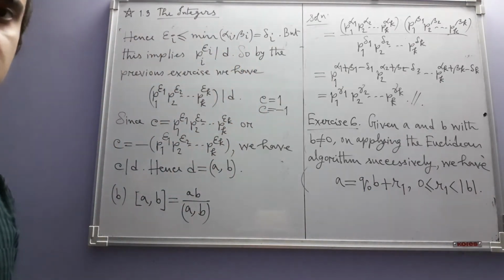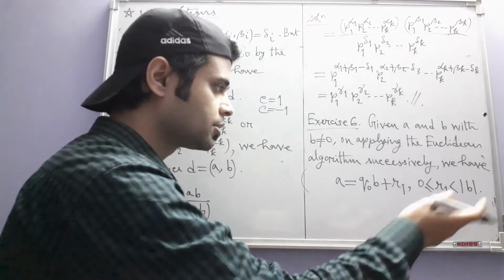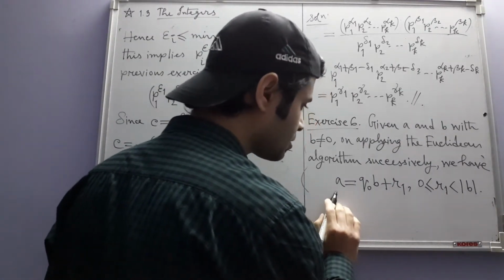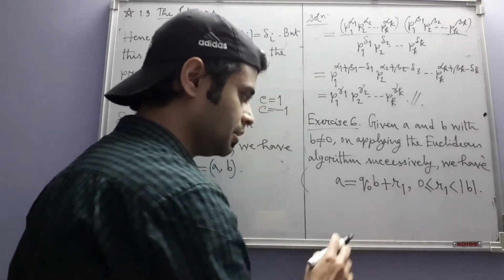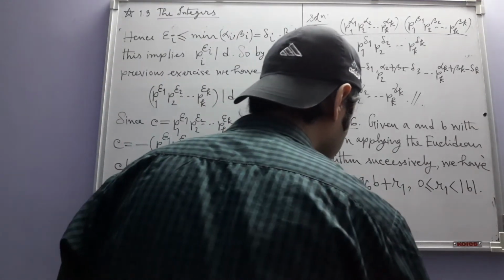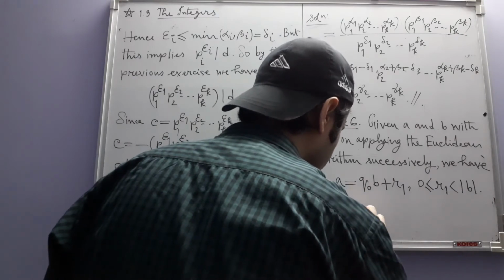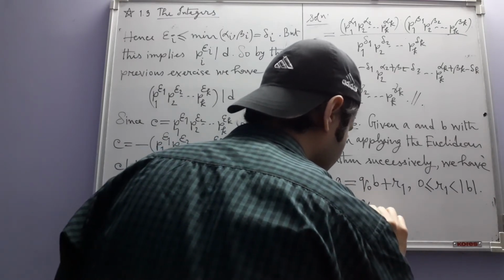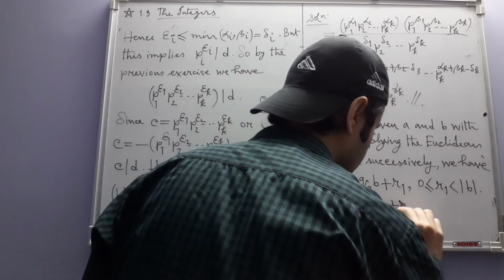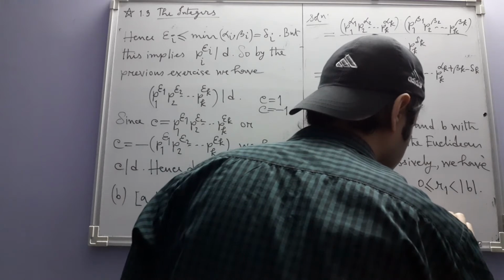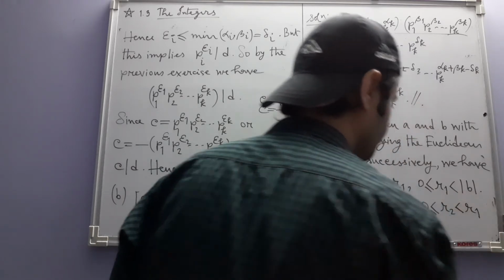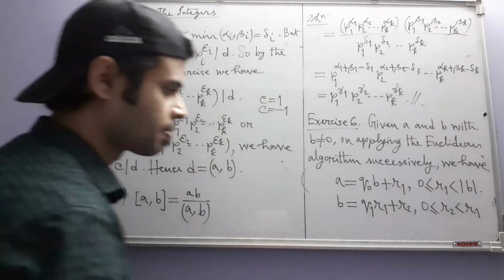If r1 is non-zero, we can carry out this process once more with b in place of a and r1 in place of b, that is we are dividing b by r1 now. Doing that, we will get b equal to then again some quotient and some remainder, where this remainder satisfies this condition.